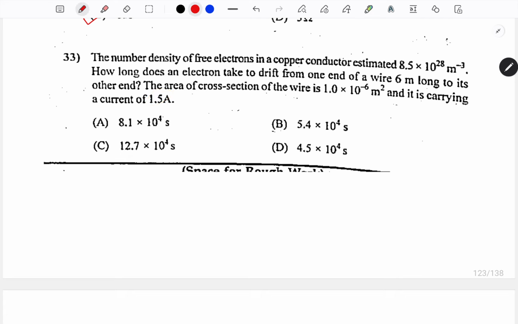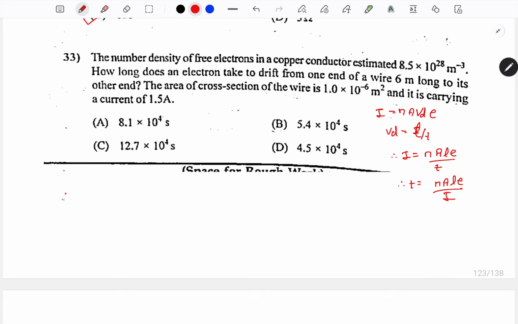Okay, so for this we know that I is equal to NAVD into E, and VD is equal to L by T. So therefore I is equal to NALE by T. So therefore T is equal to NAL into E by I.